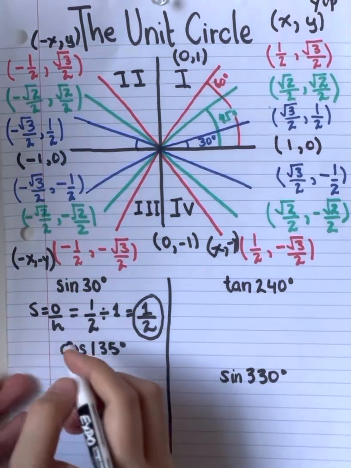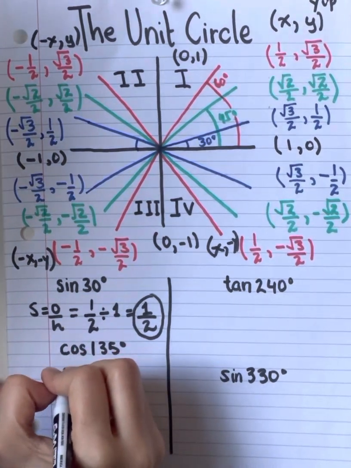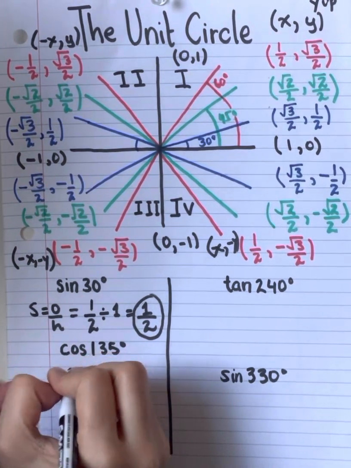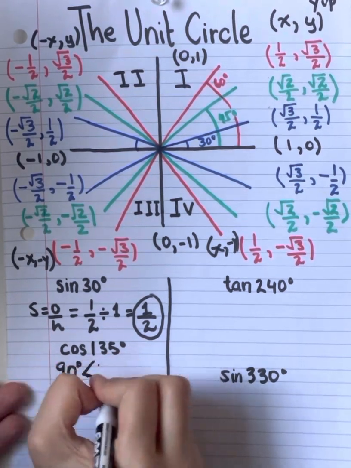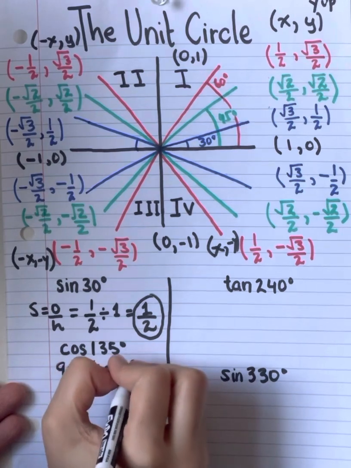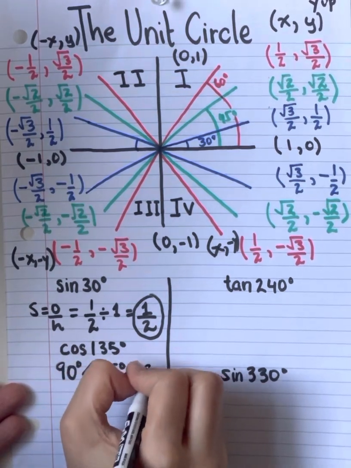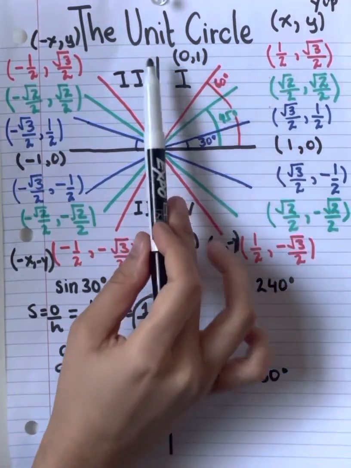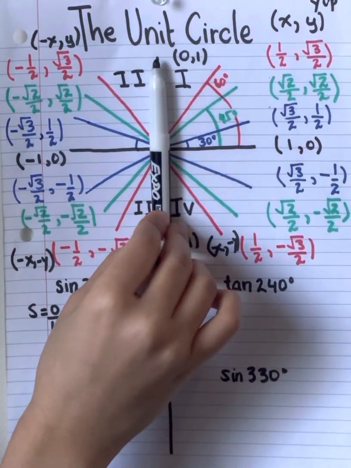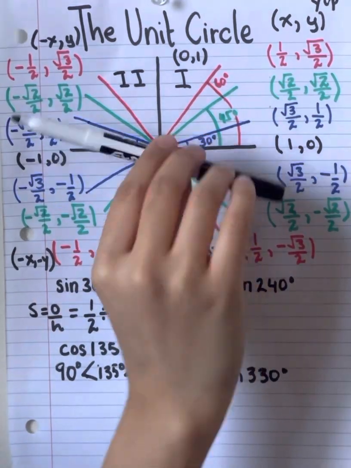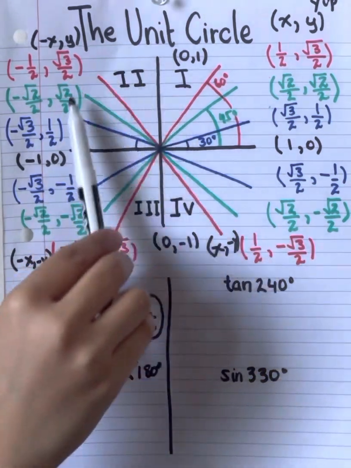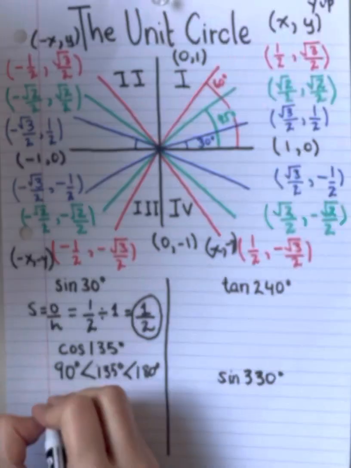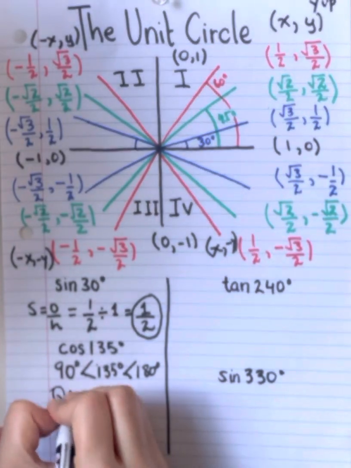So here we know that 90 degrees is less than 135 degrees, which is less than 180 degrees. So this is the 90 degree angle and this one's 180 degrees. So we know that our 135 degree angle is somewhere in quadrant 2. So it's in quadrant 2.